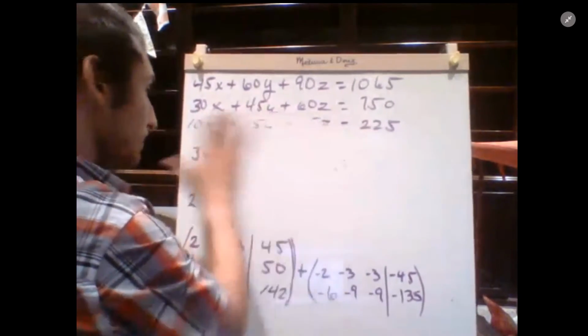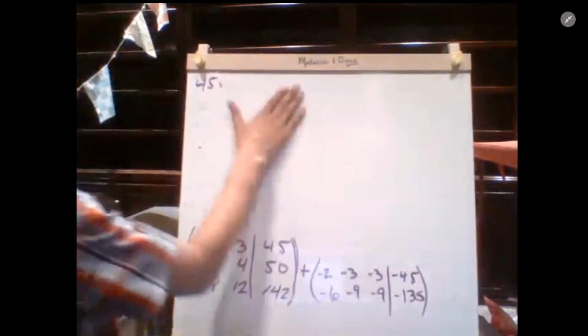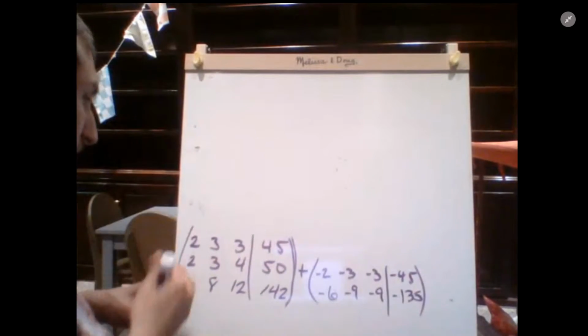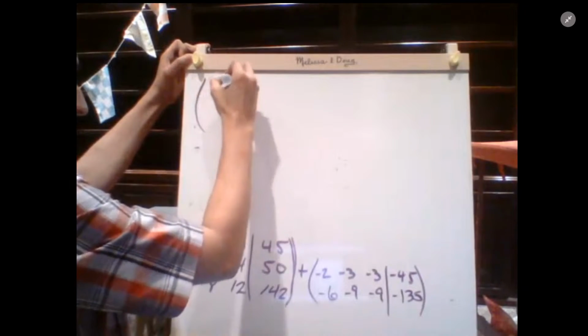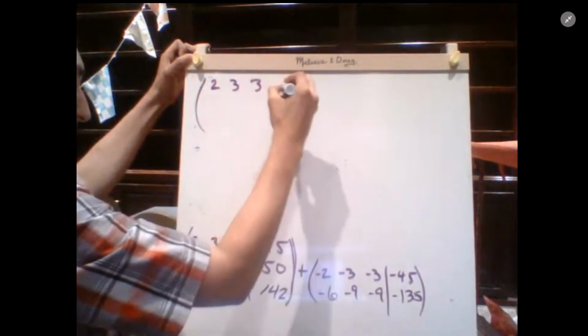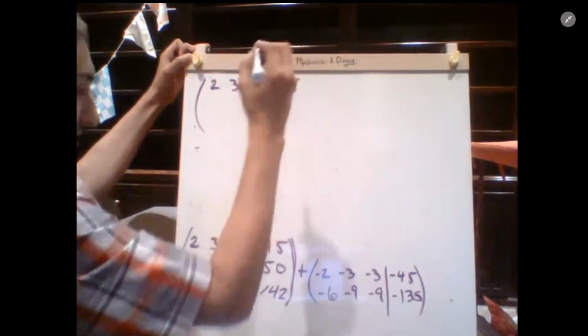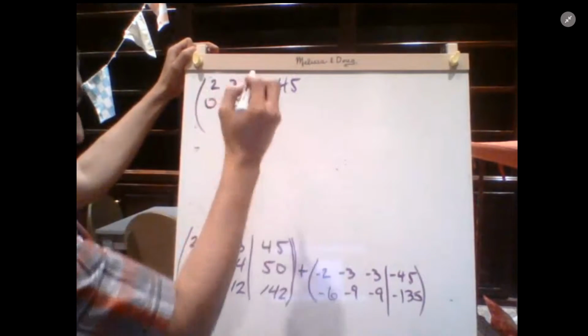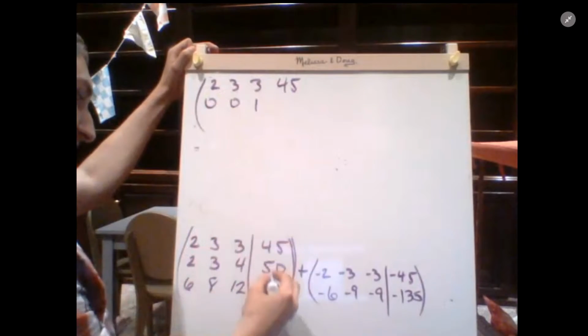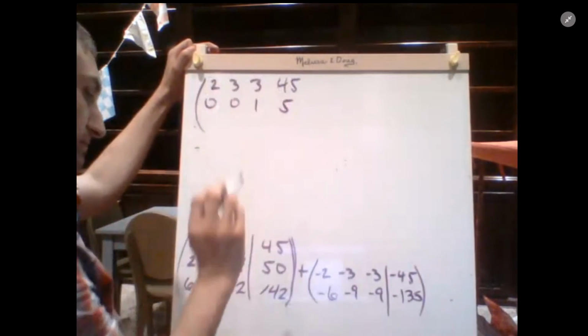So we're going to get the matrix 2, 3, 3, 45, then 0, 0, 1, 5, because 50 minus 45 is 5.